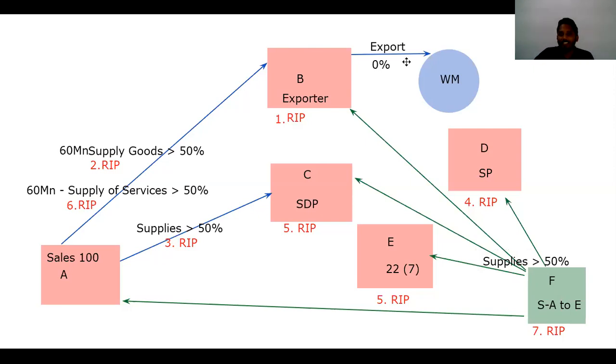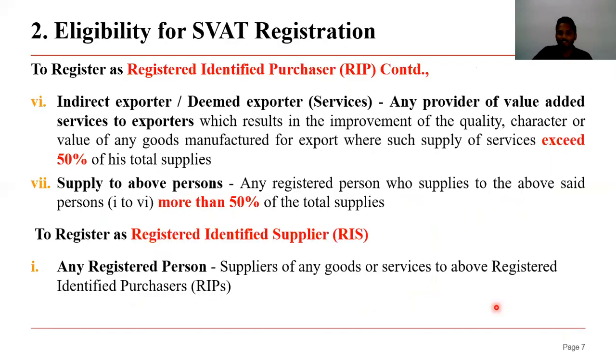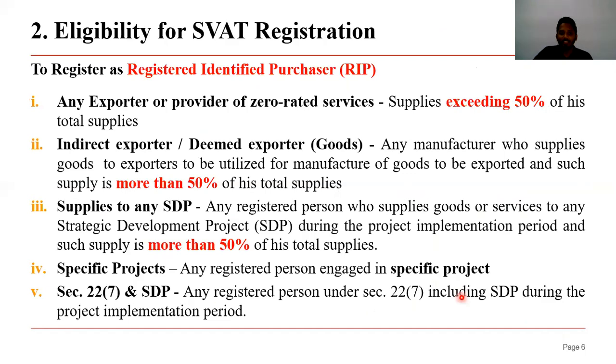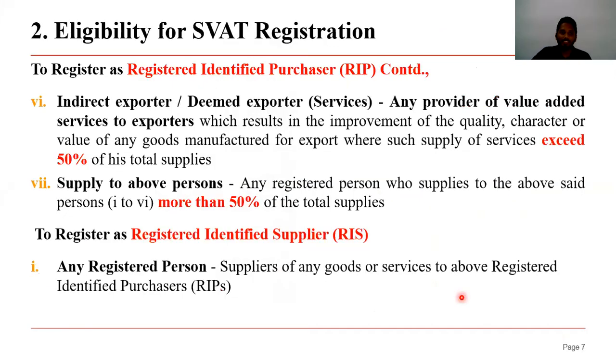Then who can register as RIS is one important thing. Who can register as a RIS? Now you know who can register as a RIP. Then who can register as RIS? Anyone here? Can you tell me? In 1 to 5 we discussed RIP, and again 6 and 7.